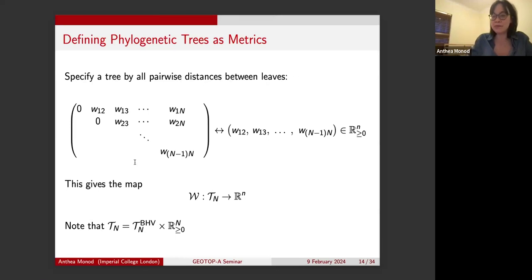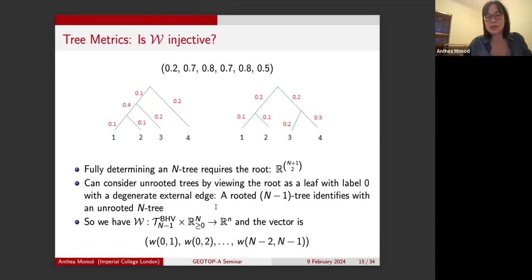Okay, so now that's where we're at, and this is the question that I want to ask. What are the properties of this map, of this embedding? The first question we can ask is: is this map injective? This is an important question because we don't want to identify two trees that have different tree topologies. And the answer is no, this map is not injective.